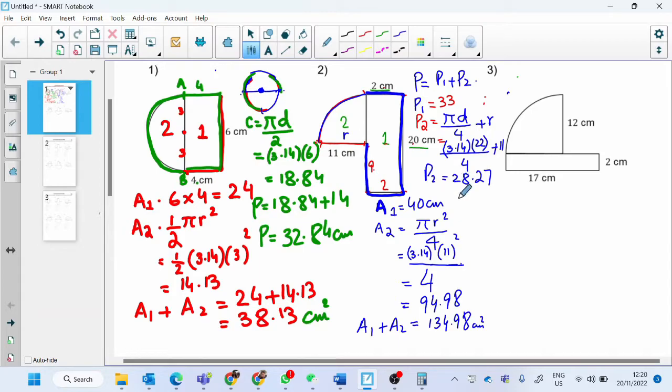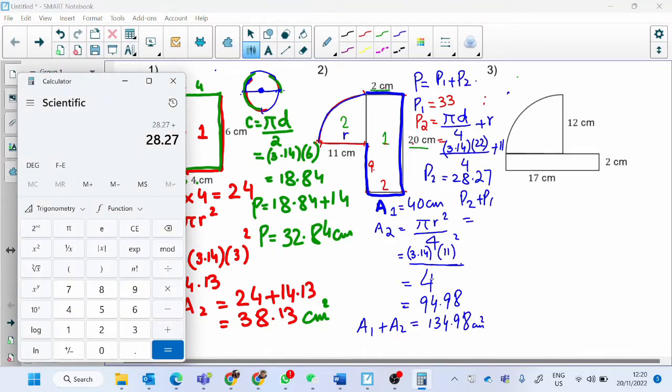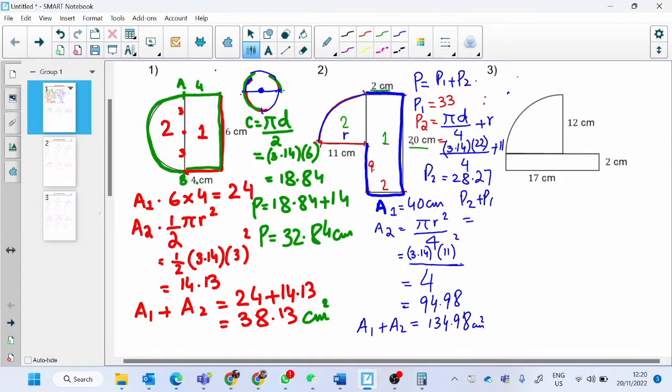So now what we do is P1 plus P2, and that should give us 28.27 plus 33, and this gives us 61.27. So 61.27 is the perimeter of the second shape.